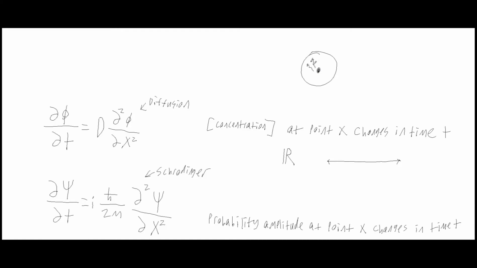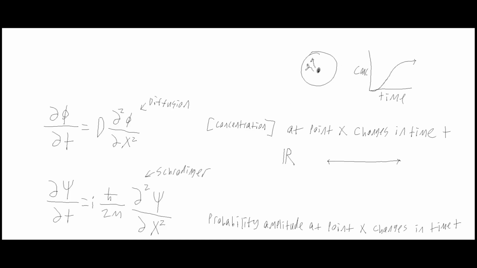And so at this point, if we plotted the concentration over time, we would see it at 0, and then it would start going up and plateau here, where the concentration of this dye has become evenly distributed throughout this container.